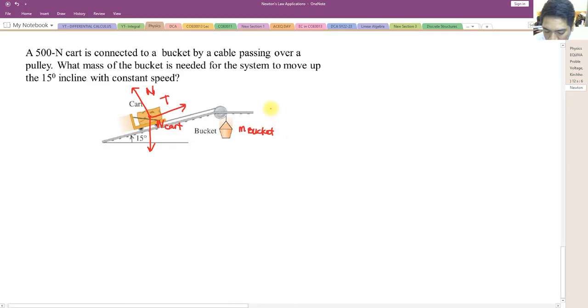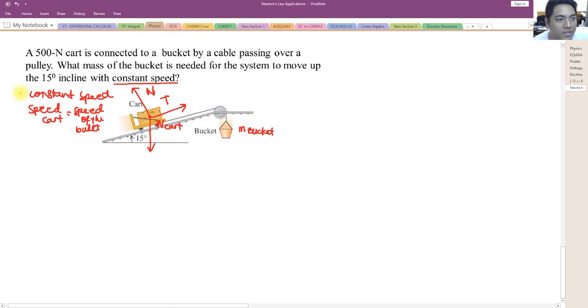So if the speed of the bucket is constant, and since they are connected by a cable, it must be that the cart also has a constant speed. So the speed of the cart equals the speed of the bucket because they are connected by a cable.